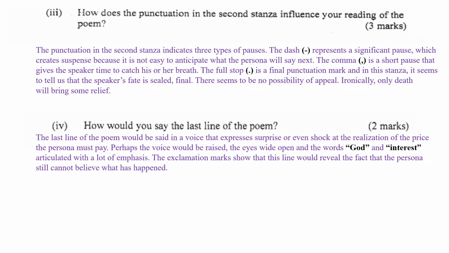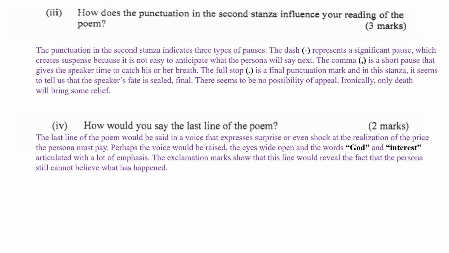How does the punctuation in the second stanza influence your reading of the poem? The punctuation in the second stanza indicates 3 types of pauses. The dash, which represents a significant pause, which also creates suspense because it is not easy to anticipate what the persona will say next.